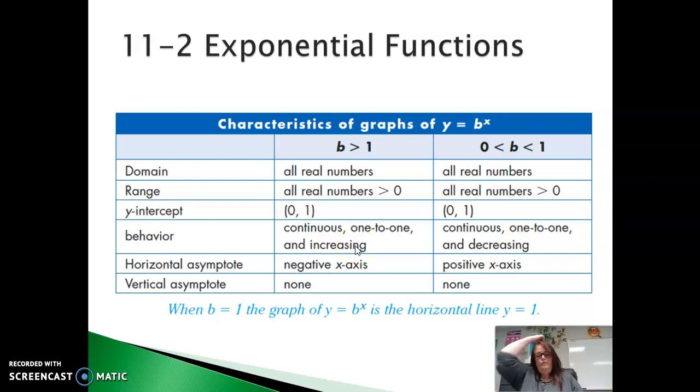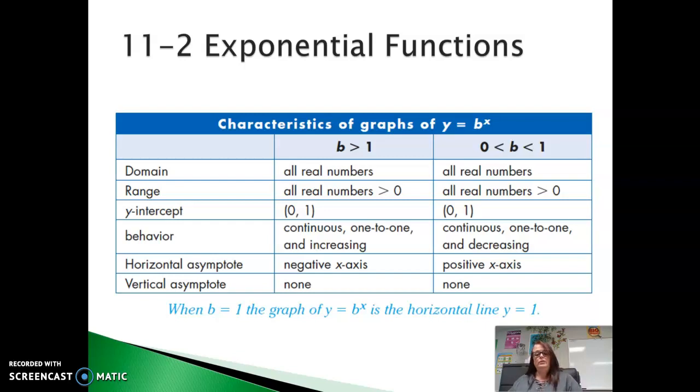For the parent graph, as we looked at the graph from left to right, it was increasing. And for the second graph, as we looked from left to right, it was decreasing. So when the base is greater than 1, it's increasing to the right. And when it's less than 1, it's decreasing to the right. And so then when the base is greater than 1, we said the horizontal asymptote was more about the negative x-axis.